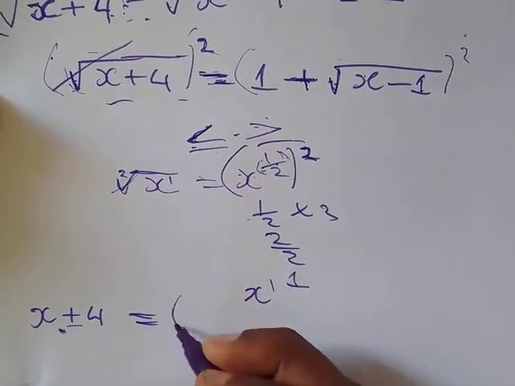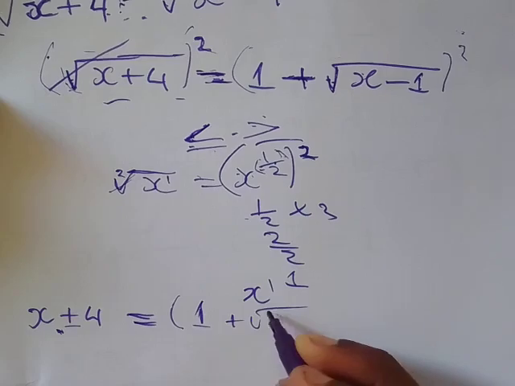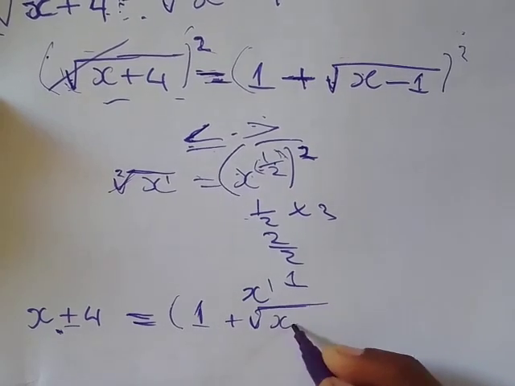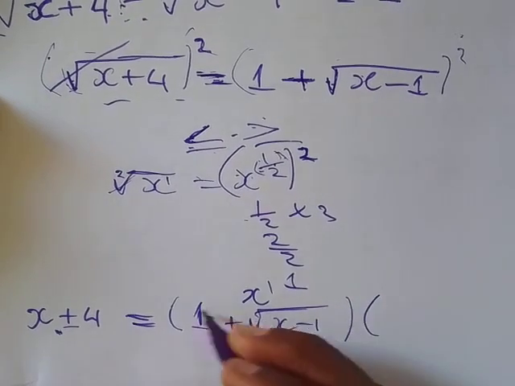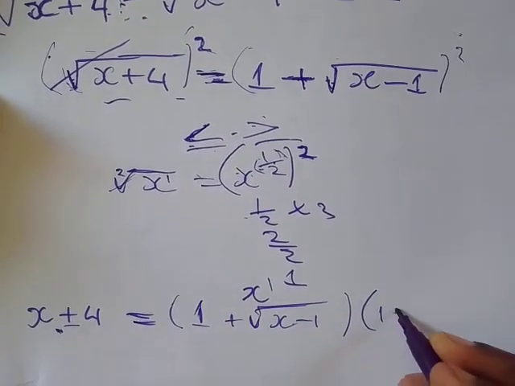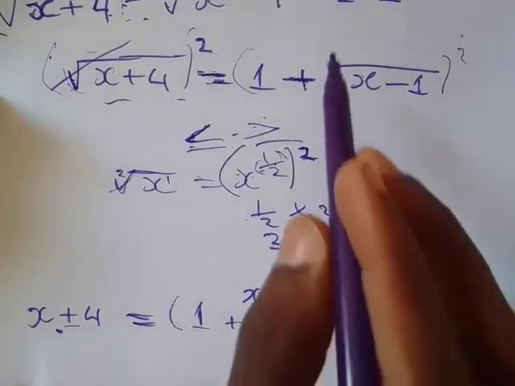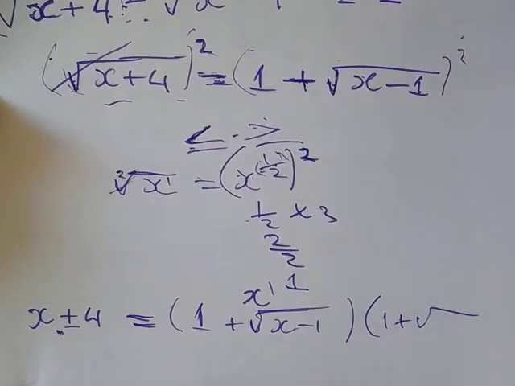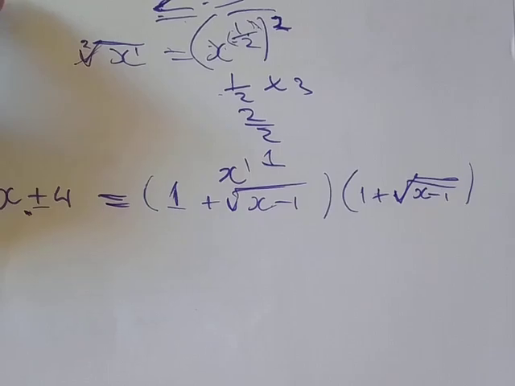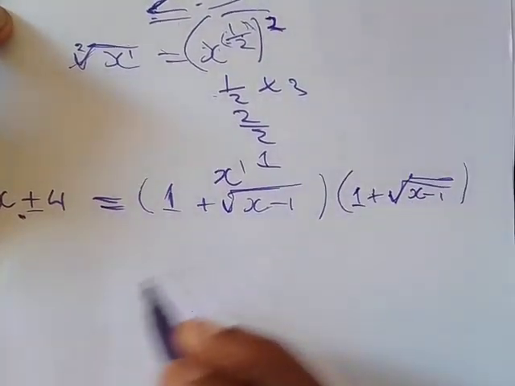You're going to write 1 plus the square root of x minus 1, times the same thing, 1 plus the square root of x minus 1. This is actually another way of writing the square, so what I'm about to write now is the same.